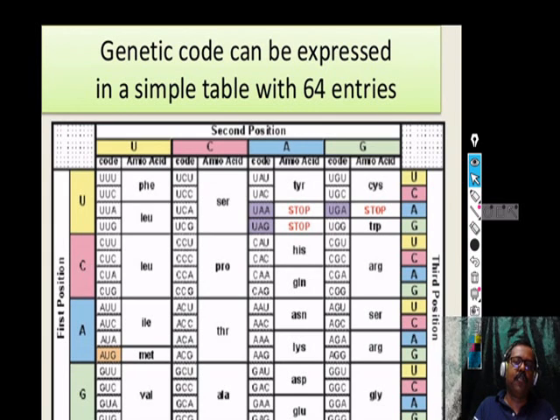So this is a 64 codon table, and it is very simple to write the codons.